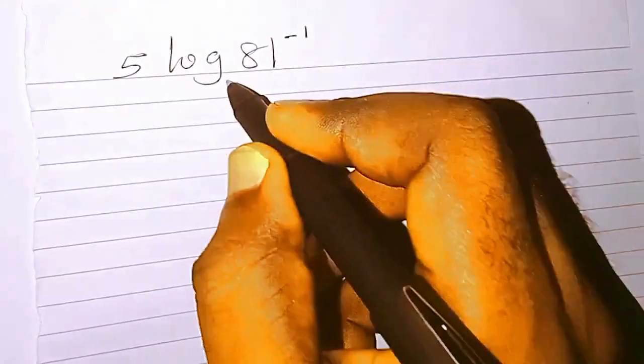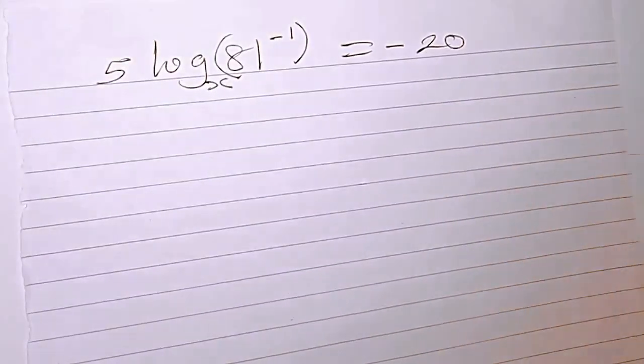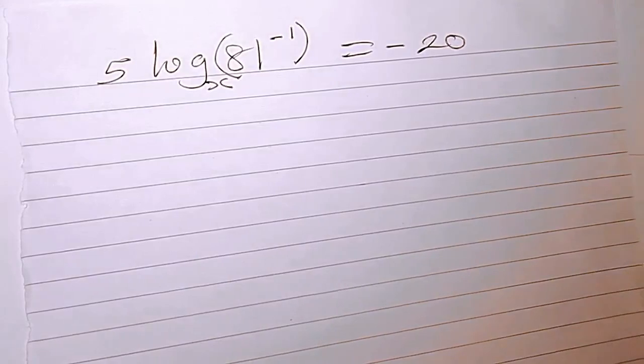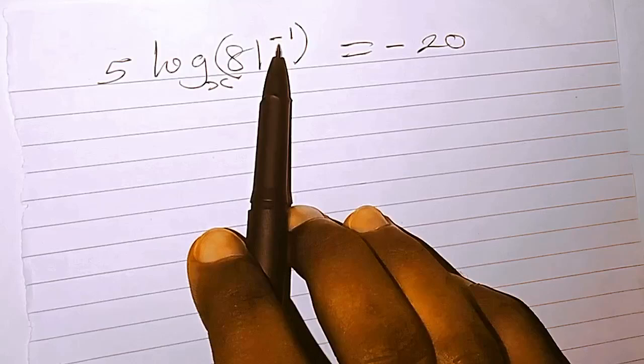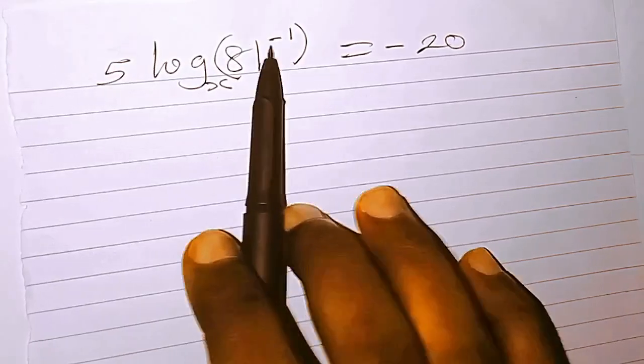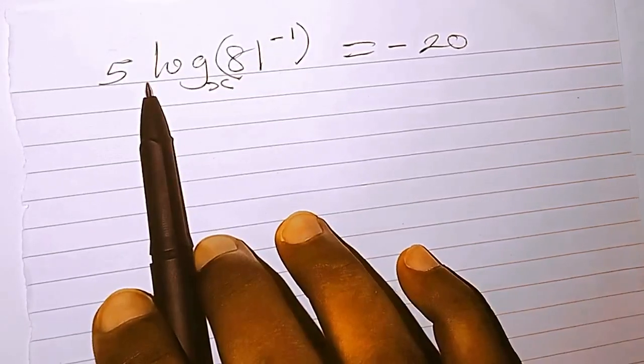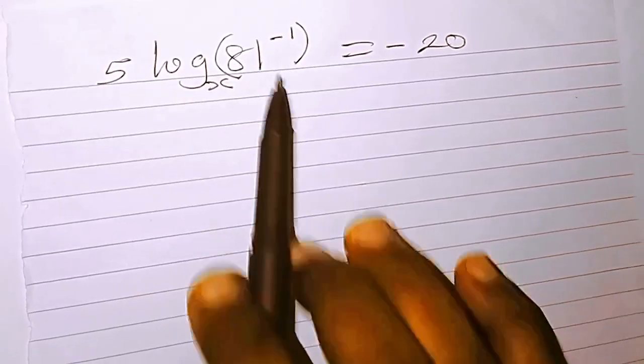If 5 log 81 raised to the power of minus 1 base x is equal to minus 20, how do we solve for the value of x in this kind of log equation? What we need to do first is to apply one of the laws of logarithms here. We need to move this power to the front to make it a coefficient of whatever term we have.